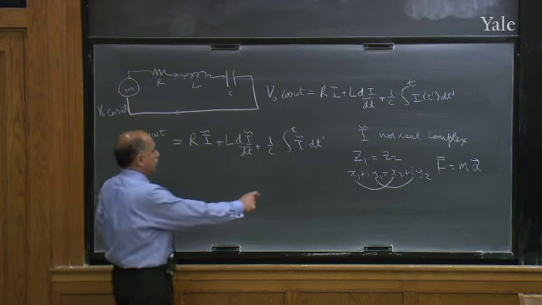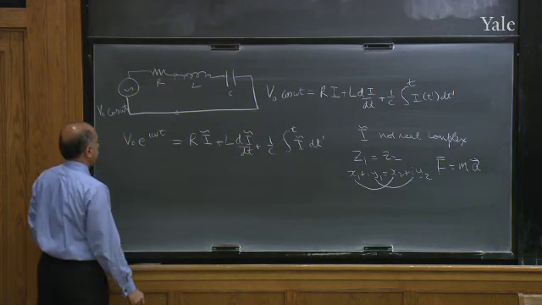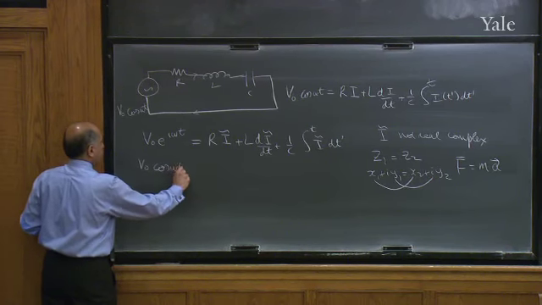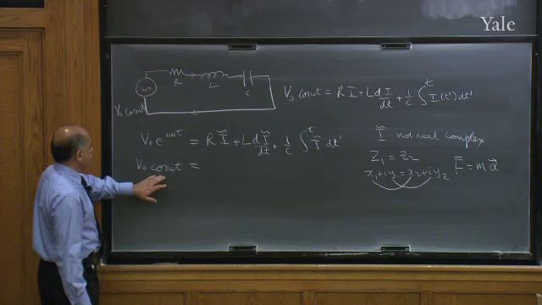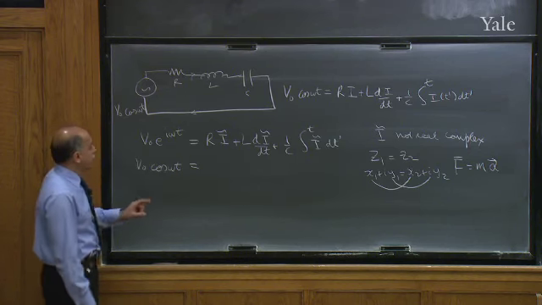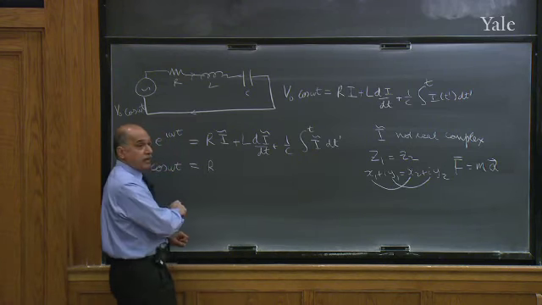So let's take the real part on the left-hand side and the real part on the right-hand side. And what do you get? The real part of this is the most important thing. Real part of this is cos omega t. That's because e to the i omega t is cos omega t plus i sin omega t. The real part is just cos omega t. On the right-hand side, I should take R times the real part of I twiddle.